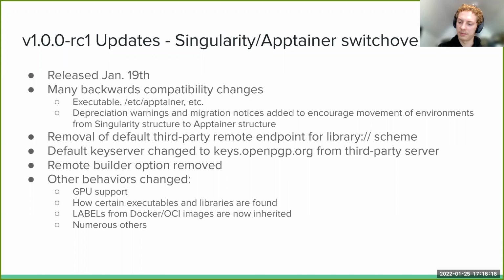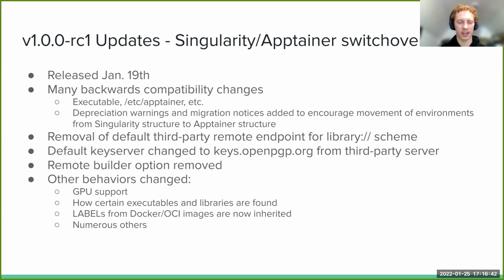Sorry, like I said, I have some notes here. I want to make sure I went over a few of these. Yeah, new options with GPUs, and new changes to some security container directives that allow you to specify whether you want encrypted containers allowed to be run by Apptainer, signed containers, I believe, that kind of thing.